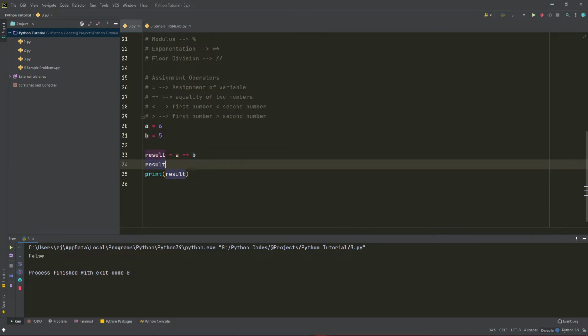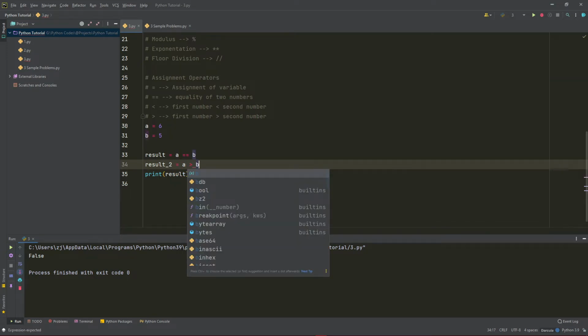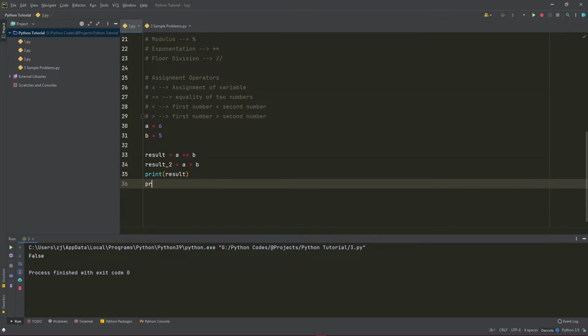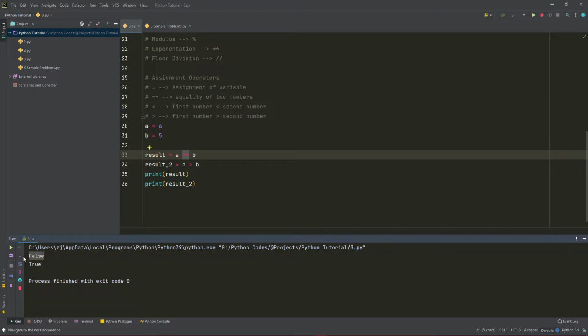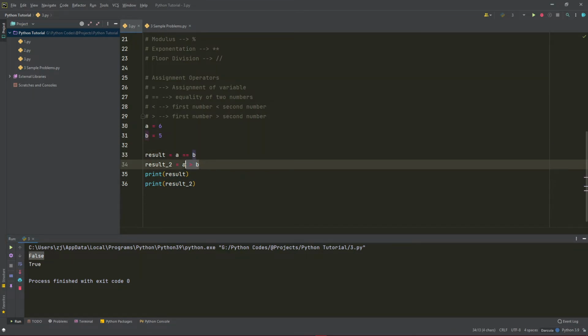Now let's try result 2, and we are going to compare if A is greater than B. Now we're going to print result 2 as well, alongside the result variable. Now it is true, and the double equal is false because they're not the same, and 6 is greater than 5, which is true in this case.